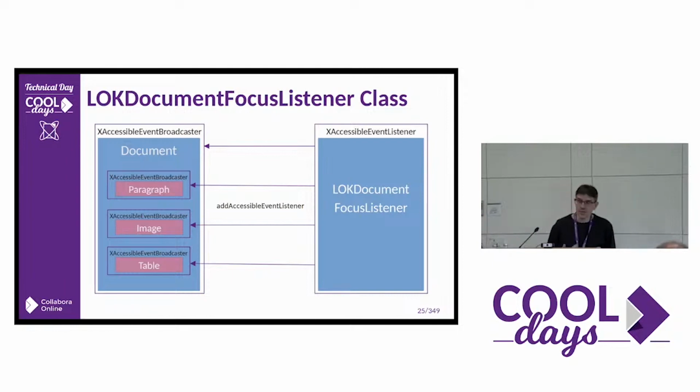In fact, when accessibility is enabled in LibreOffice, an accessibility tree is created whose nodes are accessibility objects representing the document itself and also each kind of document content, such as paragraph, image, tables.